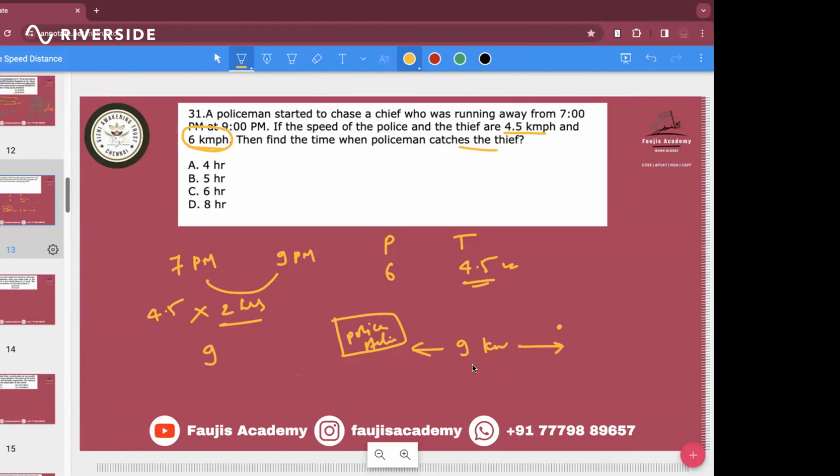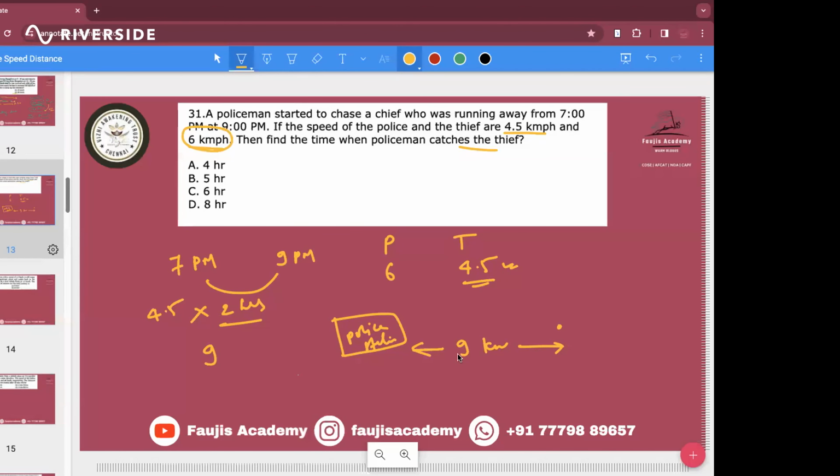Sir, I think the speed of the police is 4.5 kilometers per hour. No, kindly check. If that is the case, the police will never be able to catch the thief. Think about it. If you are running faster than me, will I be able to catch you?